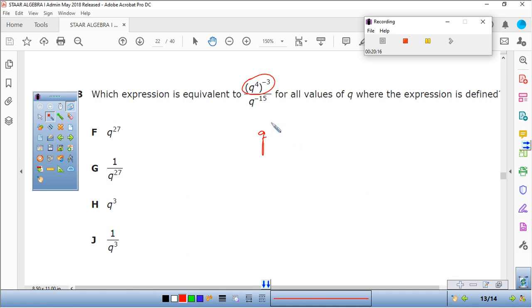Q, 4 times negative 3. Oh, negative 3. That gives me the top. Gives me Q to the negative 12, all over Q to the negative 15. Okay? Now what do I do? What do I do now?